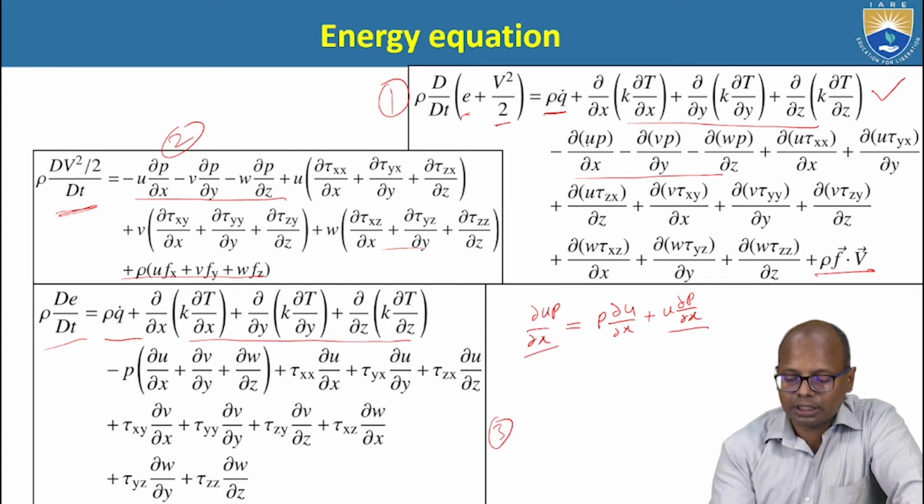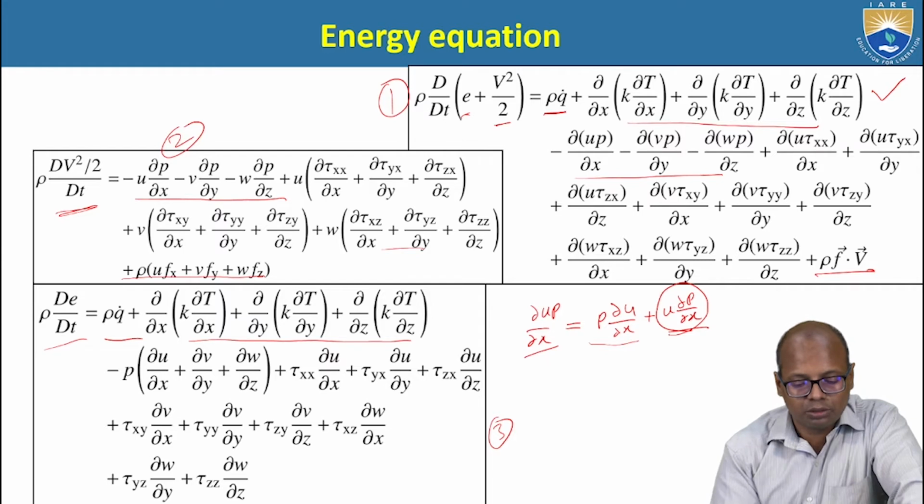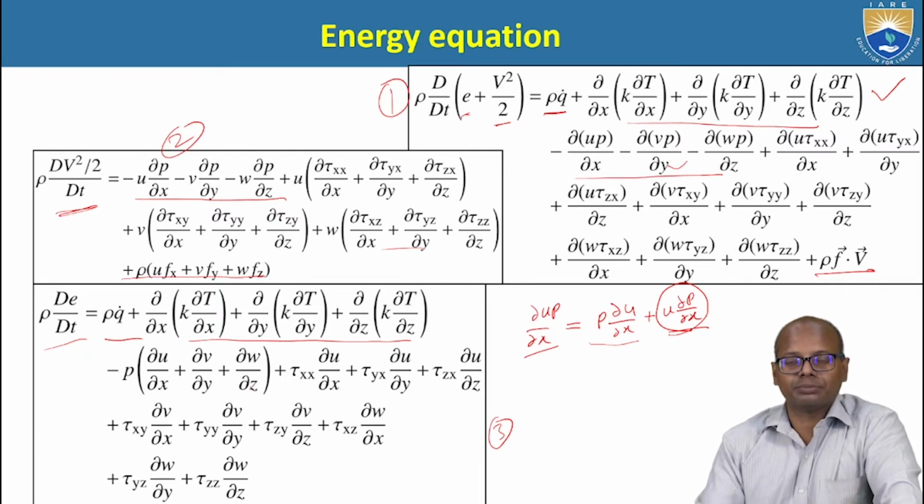So this minus this, I have eliminated this from this equation, and I remain with p into dou u by dou x. Similarly from this I will get dou v by dou y, from this I will get dou w by dou z. So these are the three terms I am getting for the pressure forces term.